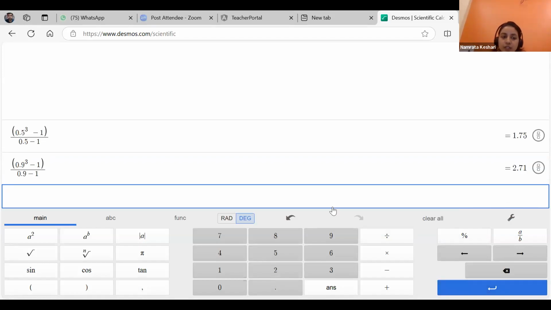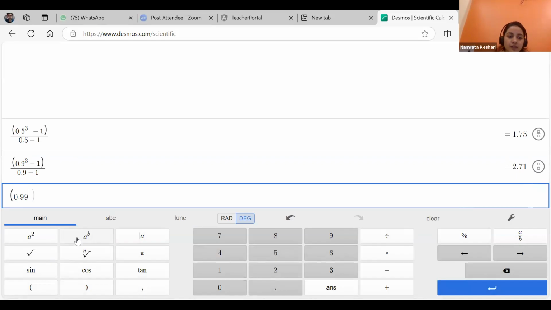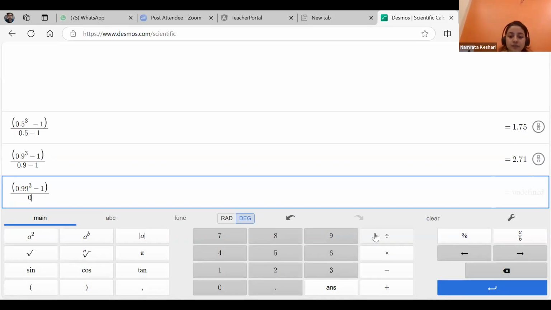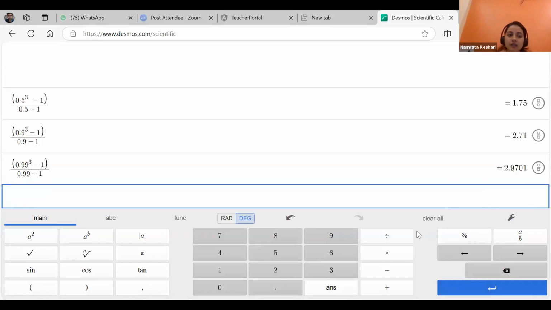Let's check for the other values also. We have taken 0.99. Okay, so 0.99 cube minus 1 by 0.99 minus 1. Then 0.999 we have also taken, very closer, very closer, very closer.